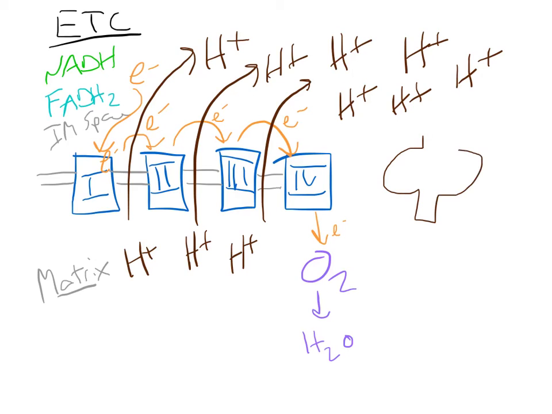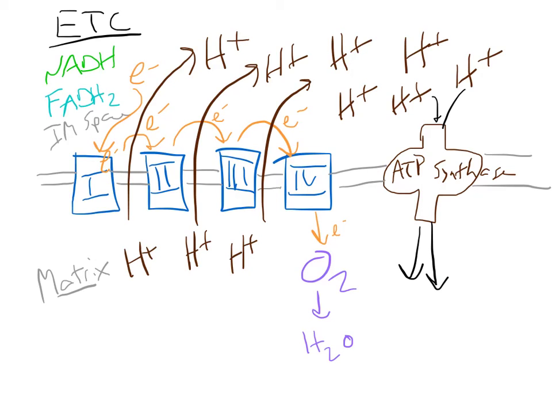And the way that they're going to do that is by passing through an enzyme called ATP Synthase. Now, ATP Synthase is also lodged in the inner mitochondrial membrane, and as the hydrogens move back through this ATP synthase, it is going to power the production of ATP, and lots of it. So as those hydrogens move back down their gradient into the matrix, ATP synthase is going to be able to form a whole bunch of ATP.